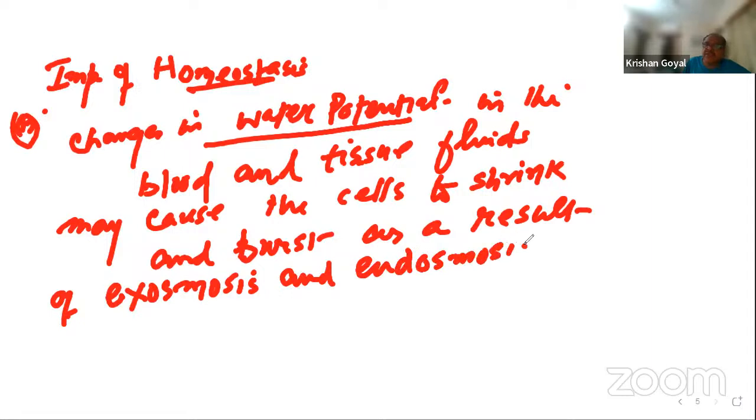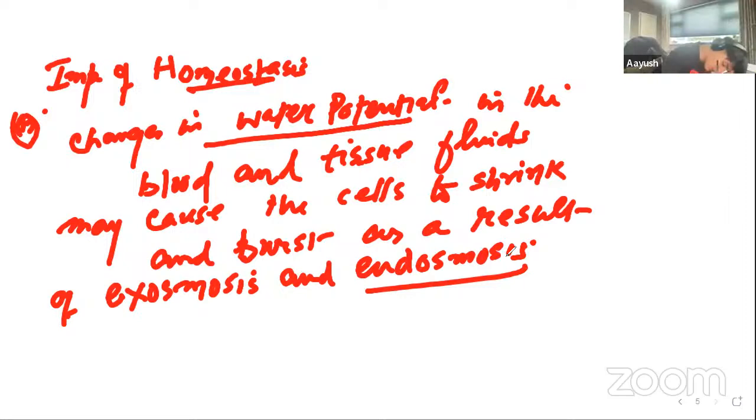Endosmosis means water will enter inside the cell. Then definitely the cell will burst. By exosmosis, water will come out of the cell and the cell will shrink.